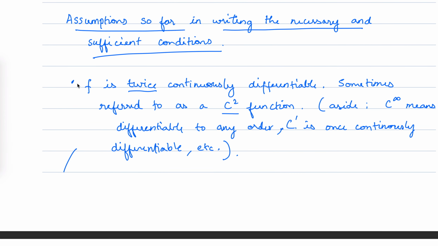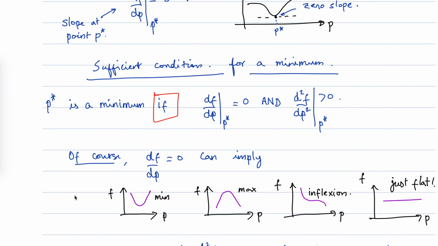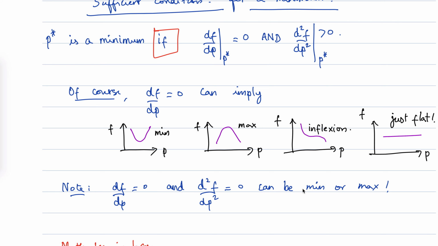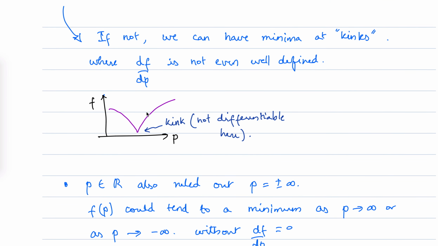Okay, so why are these assumptions important? Well, of course, these conditions rely on having derivatives, right? So those are based on derivatives. If the derivatives are not continuous, for instance, if the first derivative is discontinuous, like so, well, that means that at this point, the derivative is not even defined.